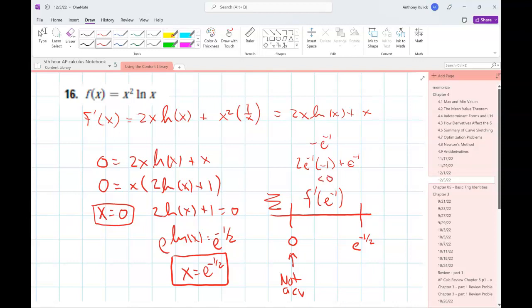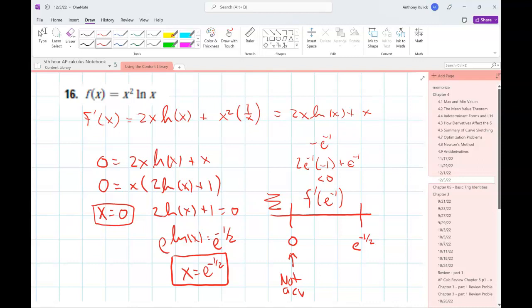I could conceivably, again, not that this would be a no calculator problem on the AP exam, but when possible, I'm going to treat every problem as a no calculator problem and show you how to do it without a calculator. Is everybody okay with how I plug that in? The natural log of e to the negative 1.